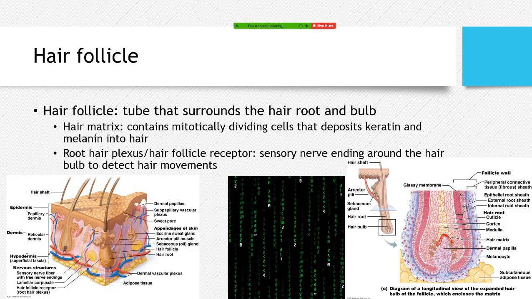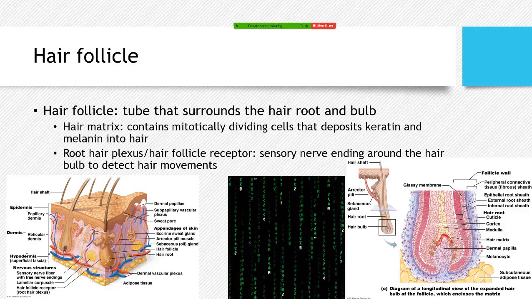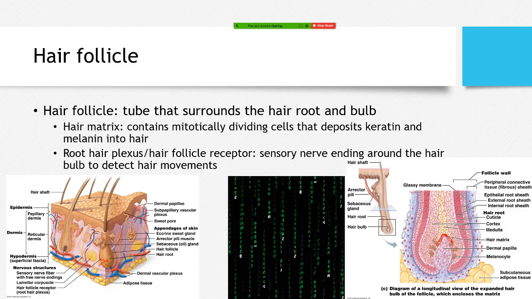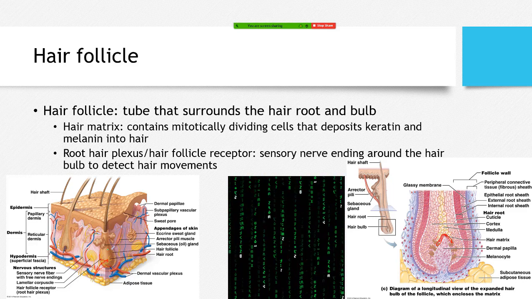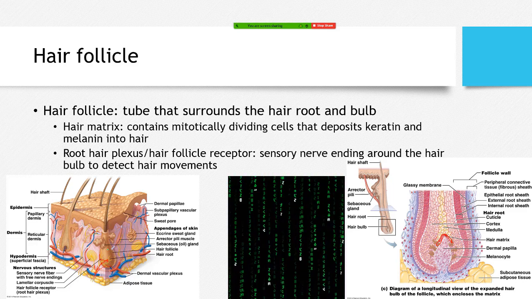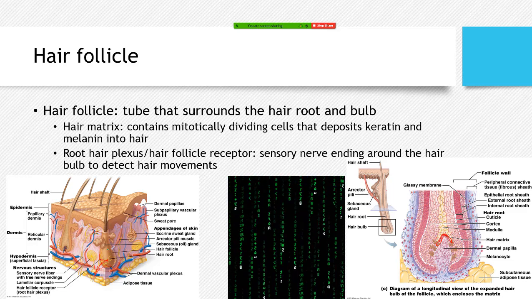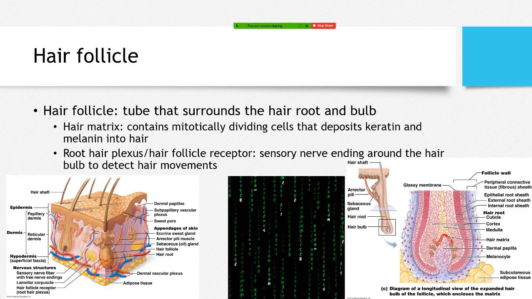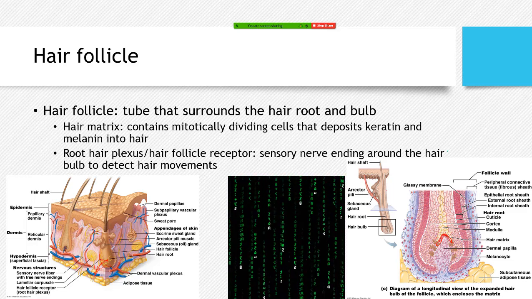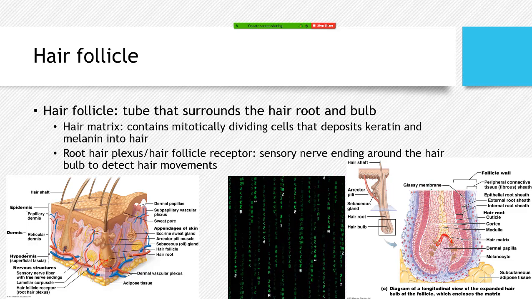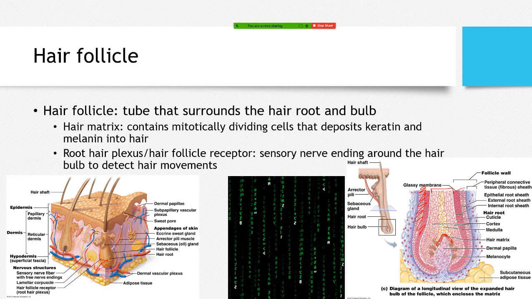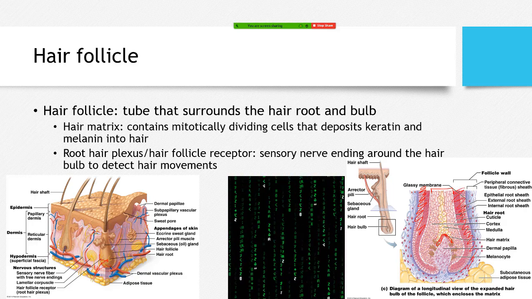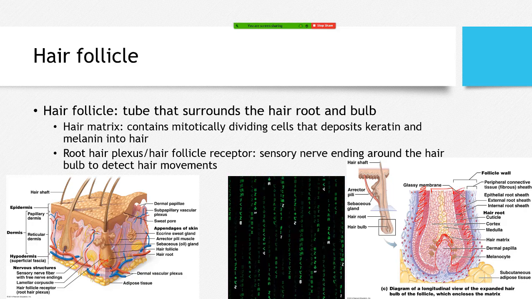Then we have this root hair plexus that surrounds the follicle itself, and this is the structure that I was telling you about. If something's crawling on your skin and bumps into the hair, it's going to trigger this root hair plexus that's going to detect hair movement. So the hair itself, once again, is from here to here, and the rest of this is the hair follicle that surrounds it.